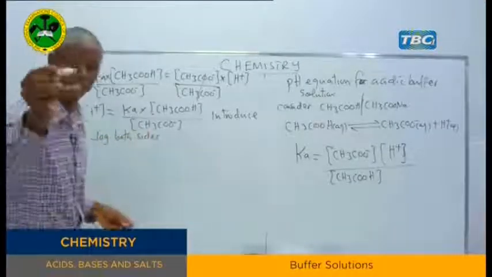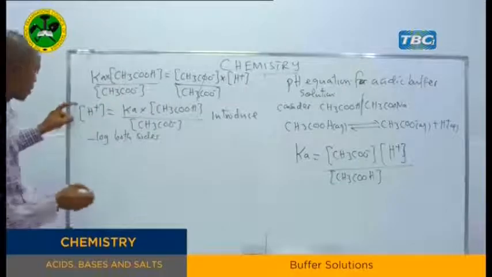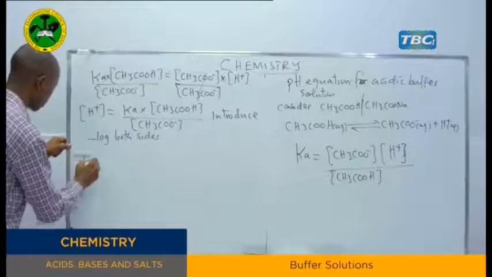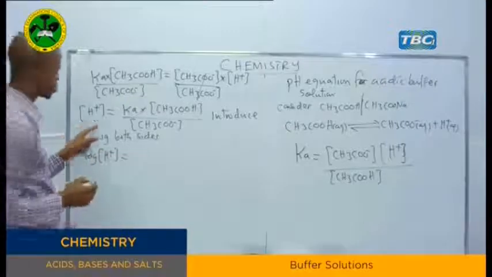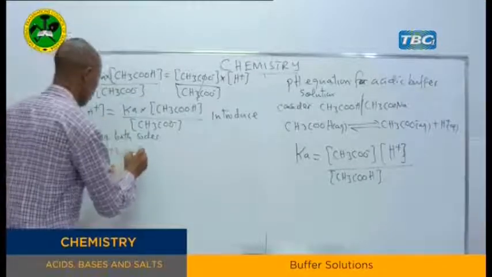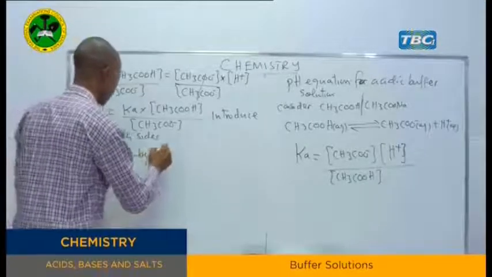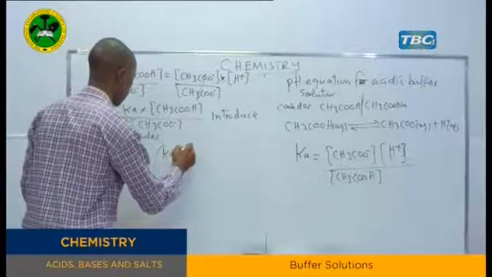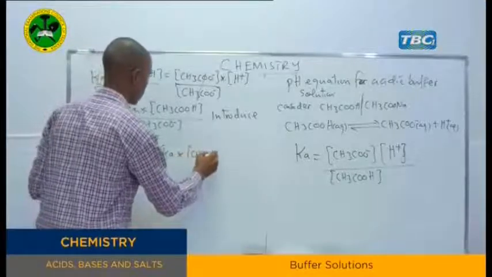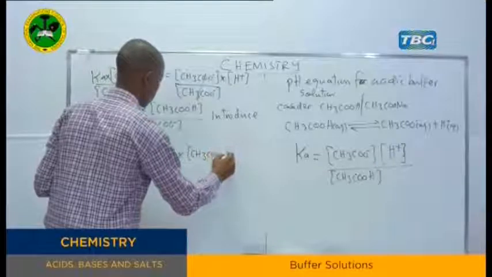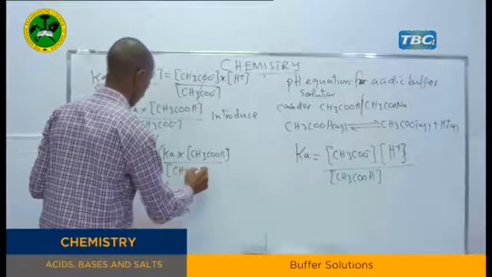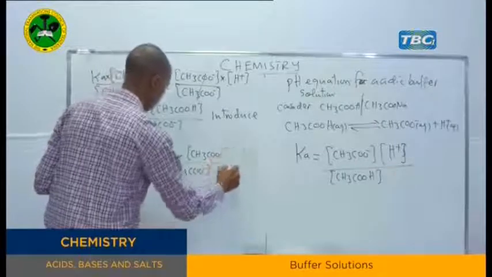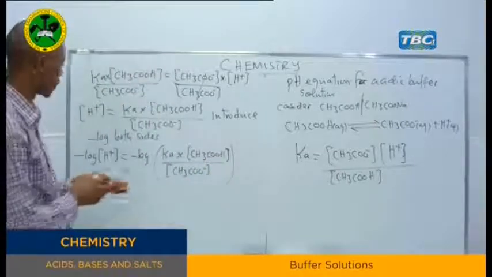If you introduce negative logarithm on both sides, you're going to have the following. On this side, negative logarithm of hydrogen ion concentration equals, here, negative logarithm of the bracket. So it is very simple.